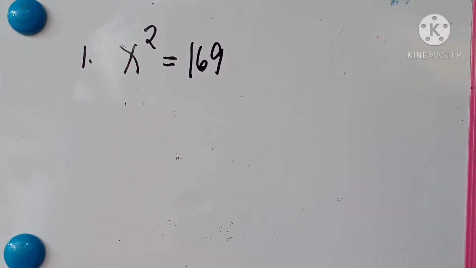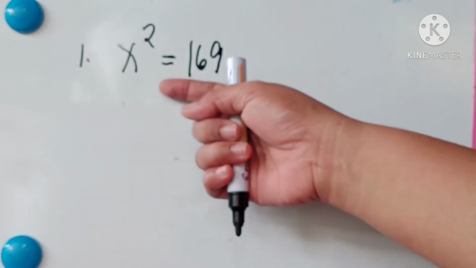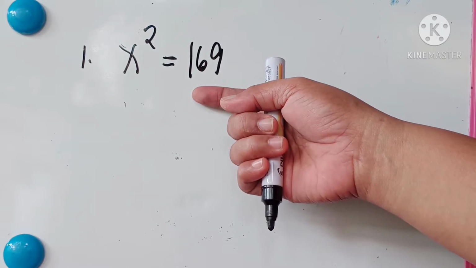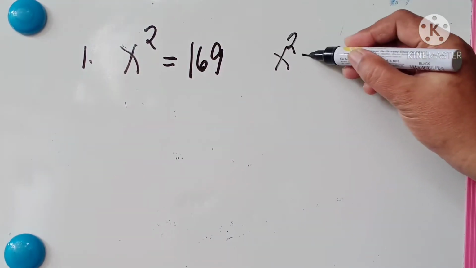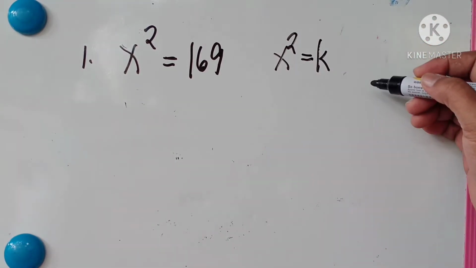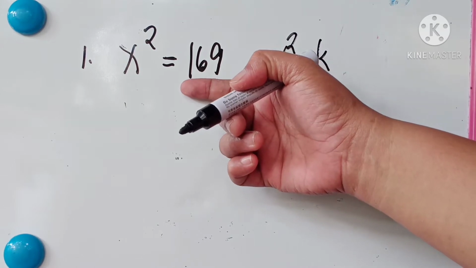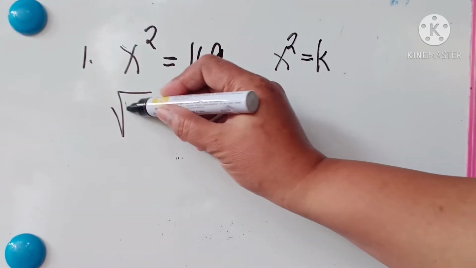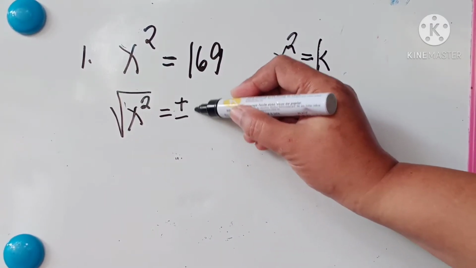Okay, so our first example is the equation x squared is equal to 169. So this equation is already written in the form x squared is equal to k. So our constant term here is 169. So, ang gagawin nyo na lang is extract the square roots on both sides of the equation.